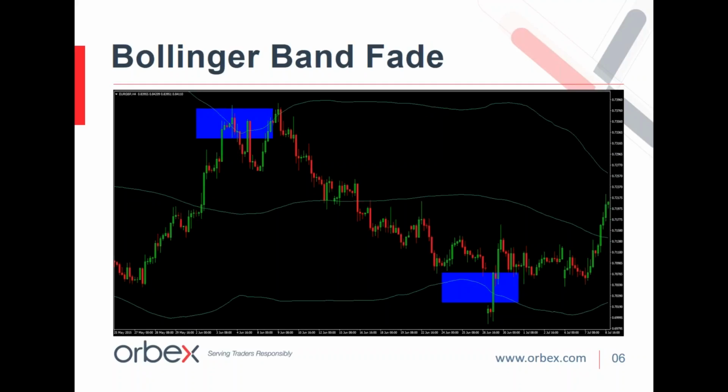Because the issue is they tend to ride along either the upper or lower band and give us a lot of false entry points.